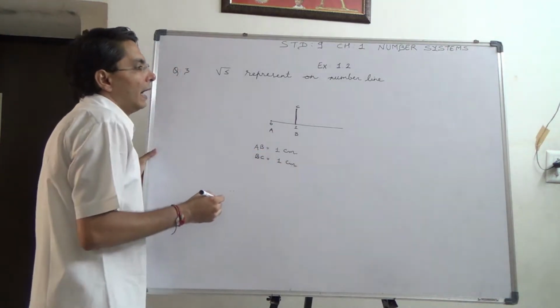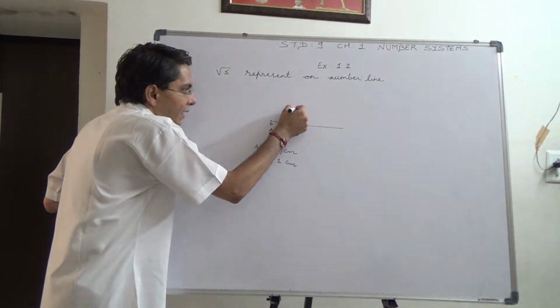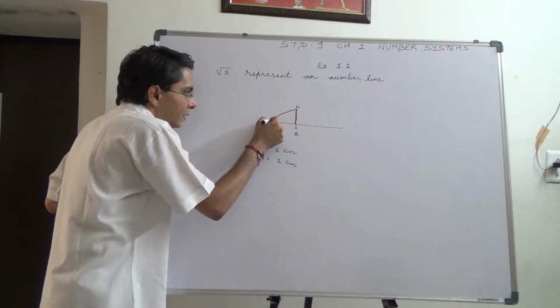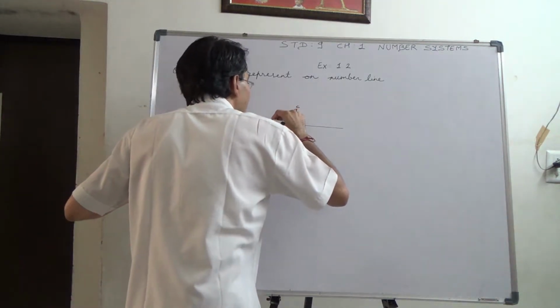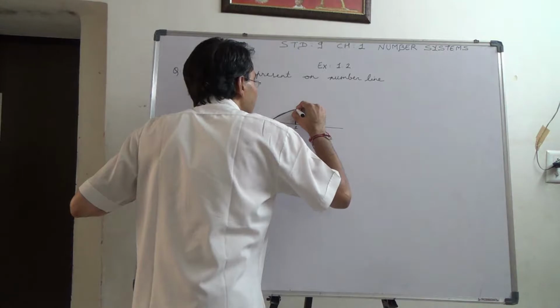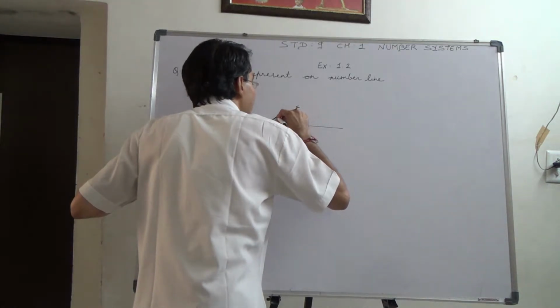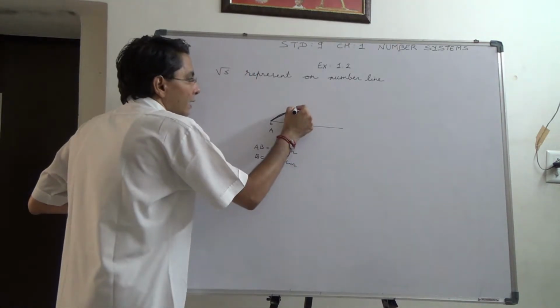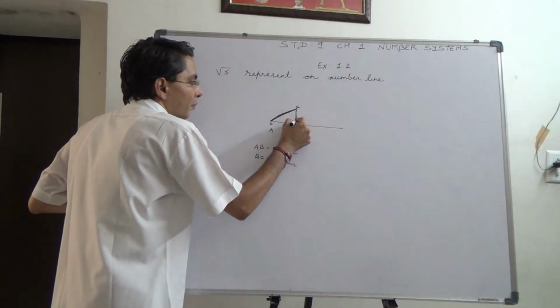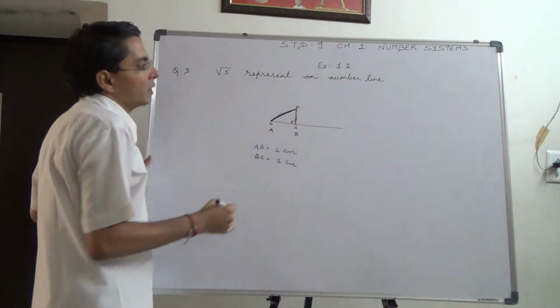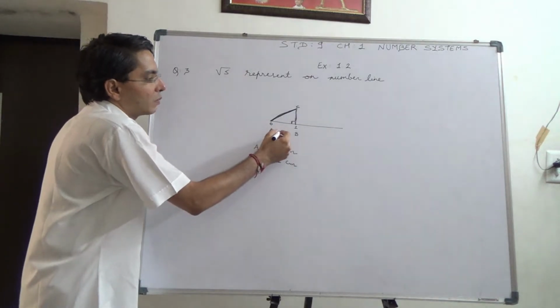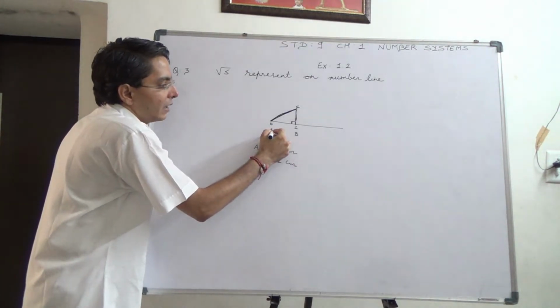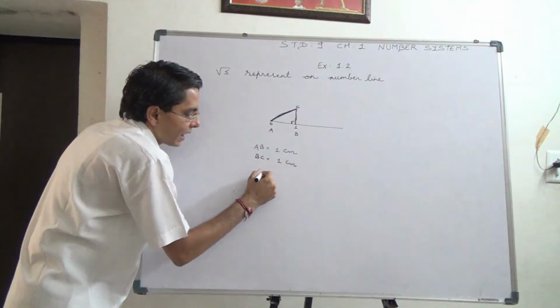Then if I join the line, this one is perpendicular. Perpendicular means this is a 90-degree angle. So that's why we can say triangle ABC is a right angle triangle.